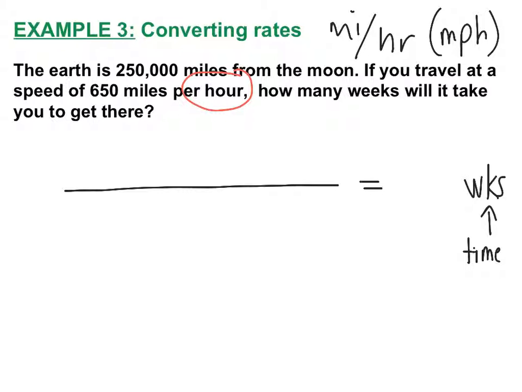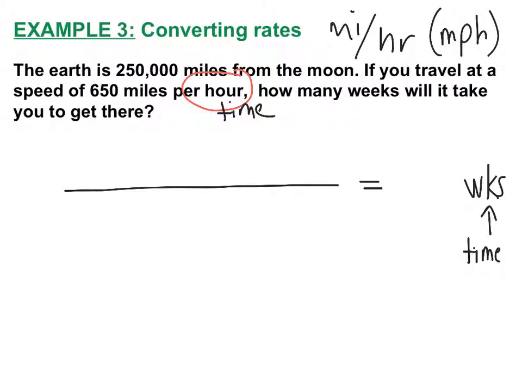So I have to somehow get from hours to weeks, and I need to use the other things in there. So how many miles I am from the moon, how many miles per hour that I'm going, and I might have to use some other conversion factors.